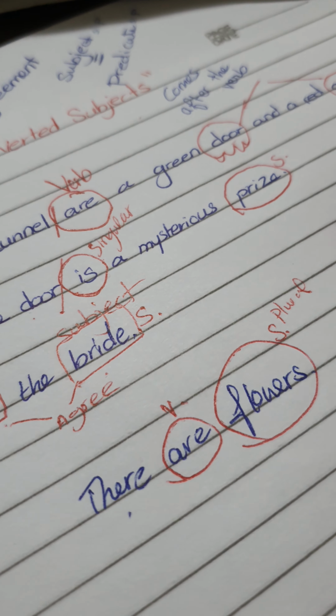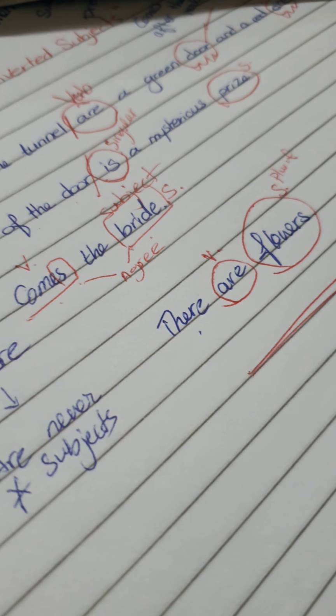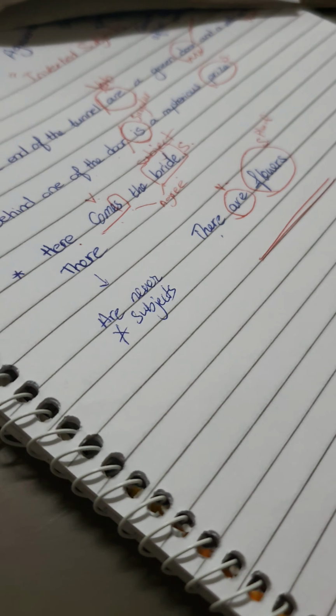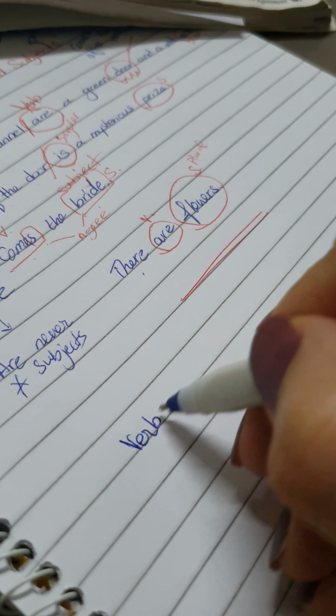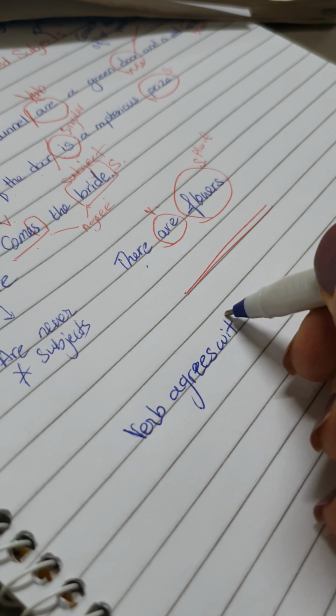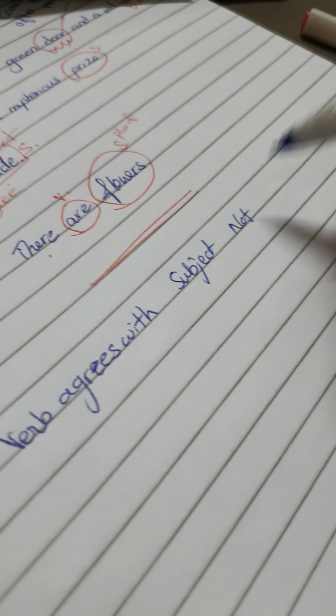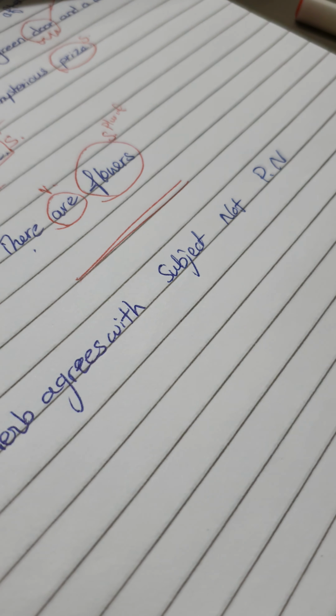Okay? So third point here, he says to you, the verb agrees with the subject, not the predicate nominative. What is predicate nominative?